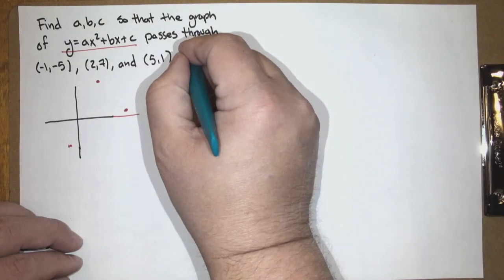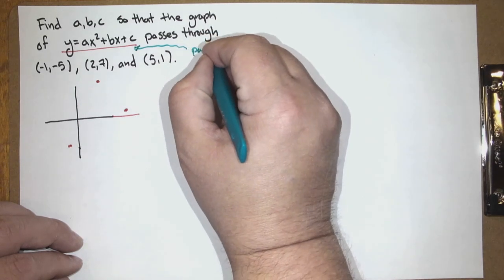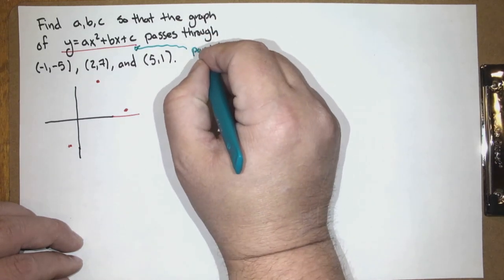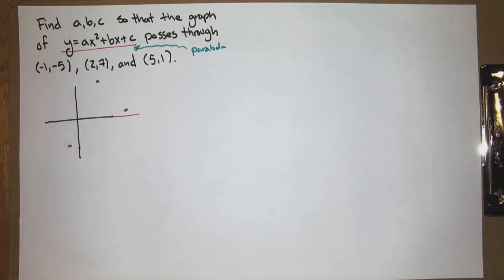Now, is that possible? Well, I'll go ahead and tell you that as long as your x values are distinct, it's always possible to find something in the form ax squared plus bx plus c that passes through any 3 points, all of them with distinct x values. You can't have 2 points with the same x value because then you couldn't have a function. We have that vertical line test.